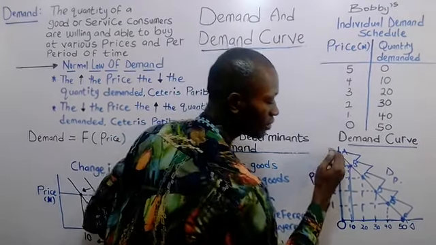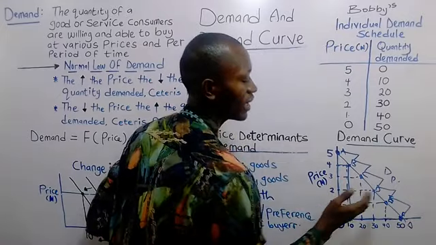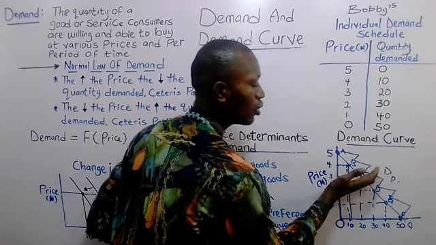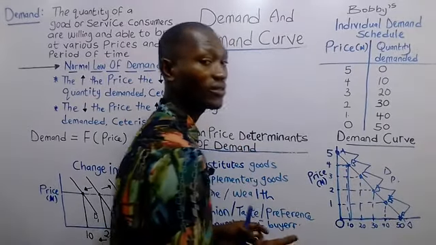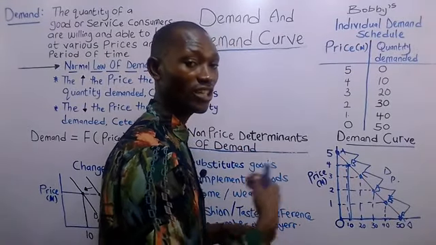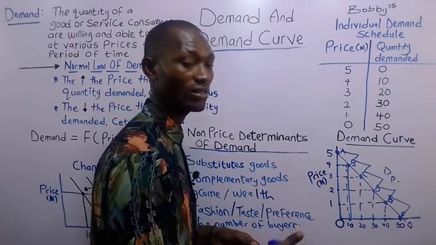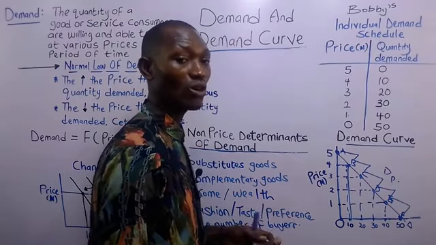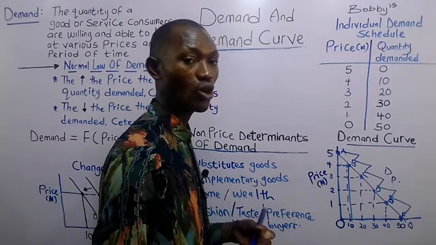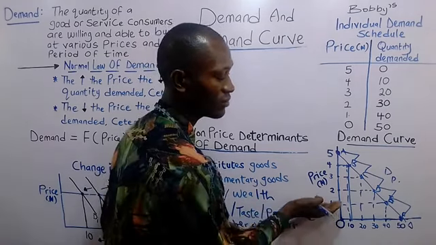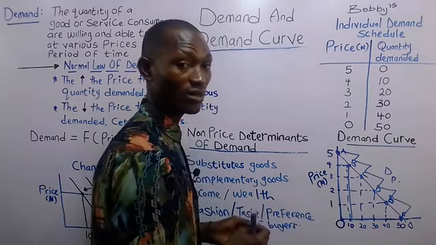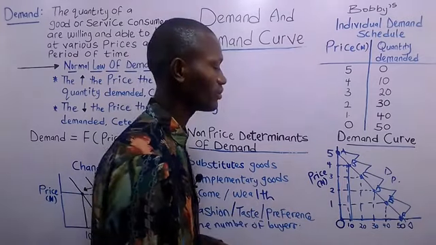These movements along the demand curve can either be downward or upward. Downward movement in the demand curve means an increase in the quantity demanded, and that is called expansion or extension, and that occurs as a result of the fall in the price of the commodity in question.